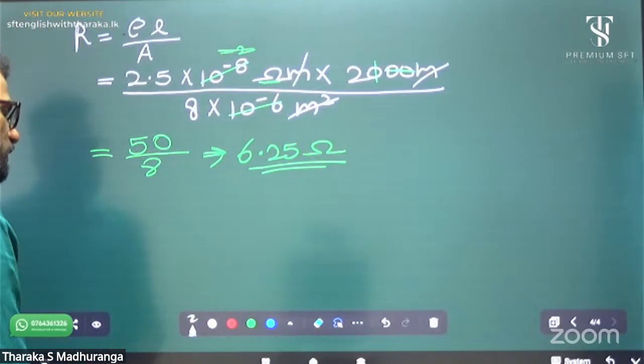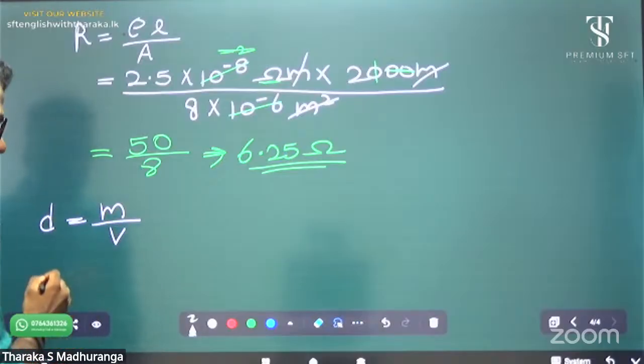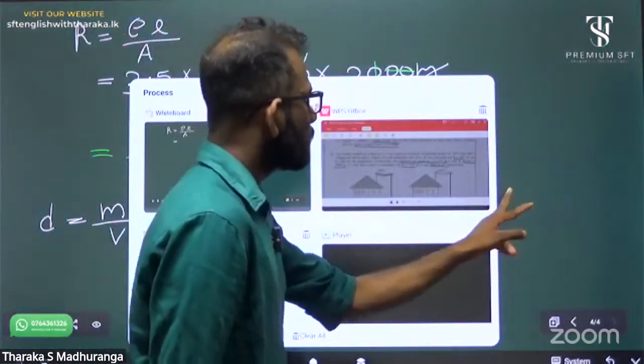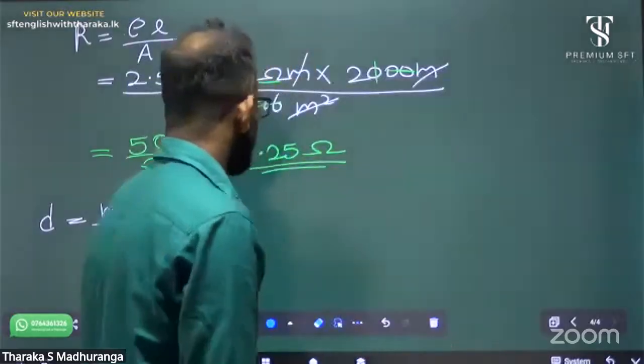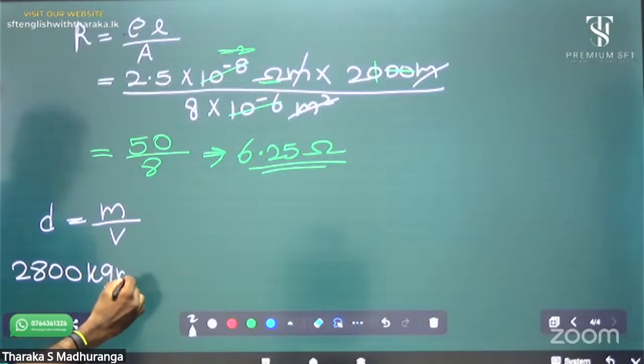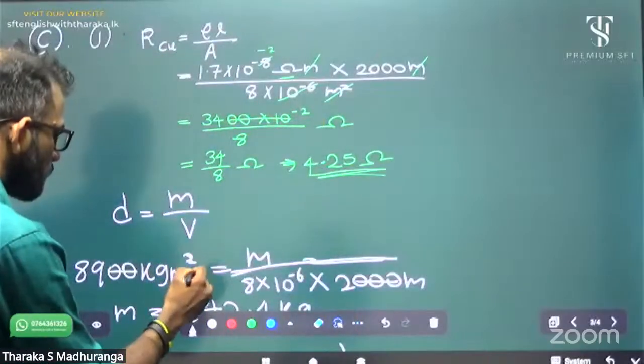Okay, the same method, density equals mass over volume. The density of aluminium is 2800 kg m cube, sorry, not m squared, m cube.